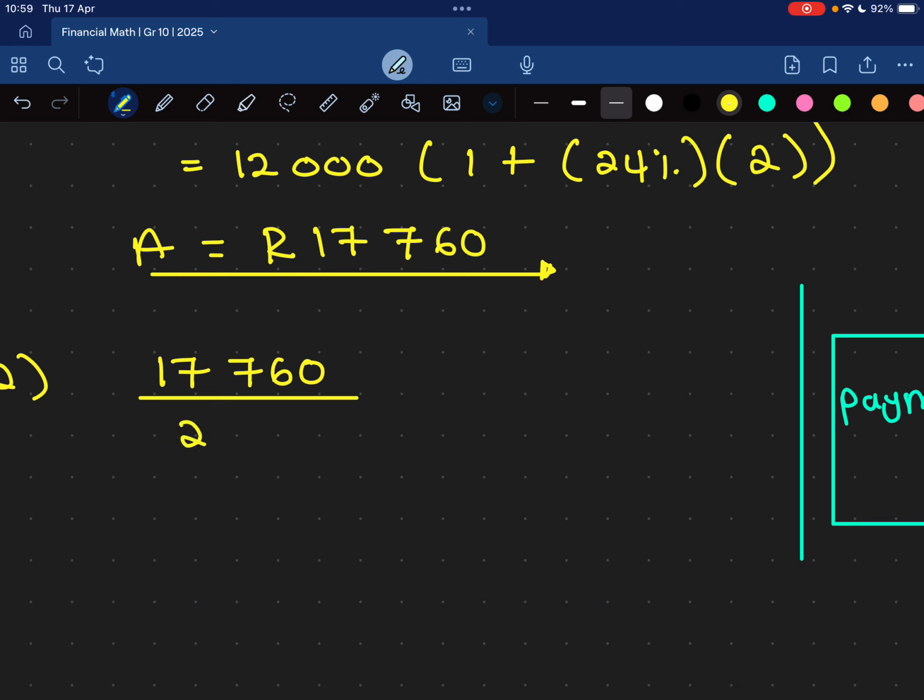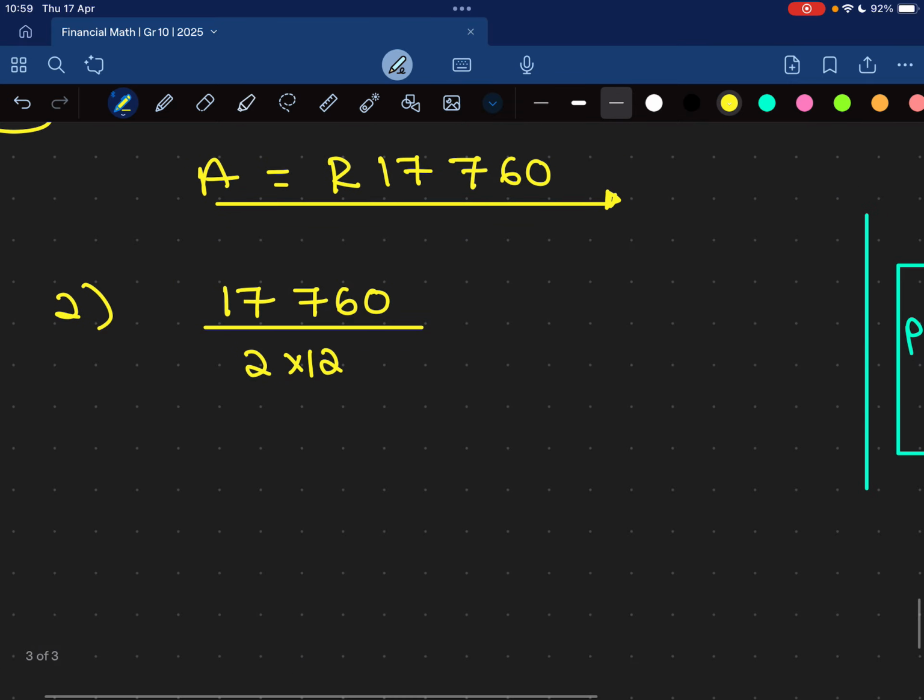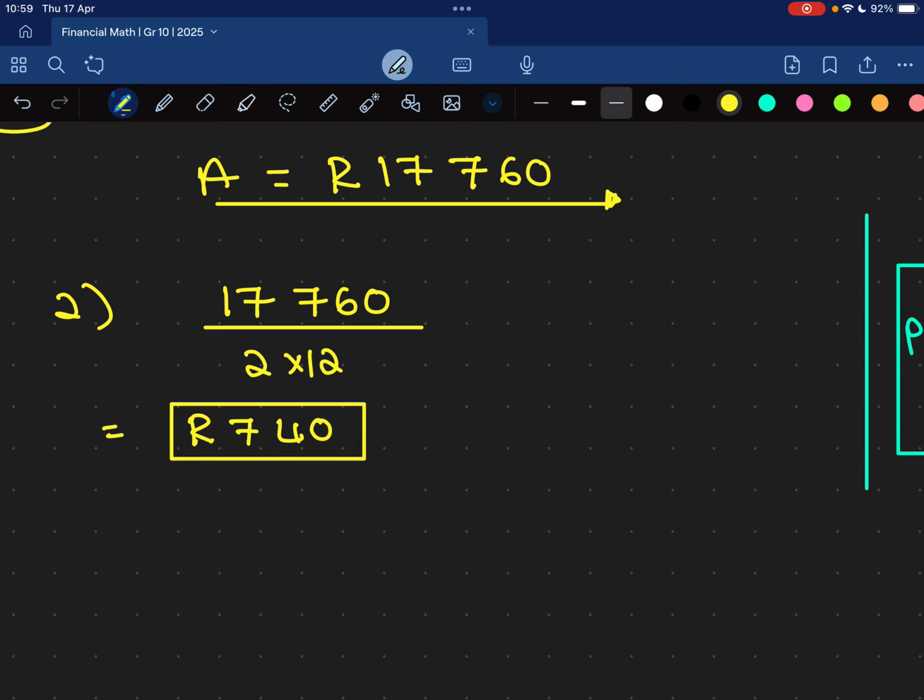So it will be 2 times 12, because there's 12 months in a year and she pays it off for 2 years. Put that on your calculator and you should get an answer of 740 Rand. This is how much she's going to pay every month, and she'll have accumulated the 17,760 Rand.